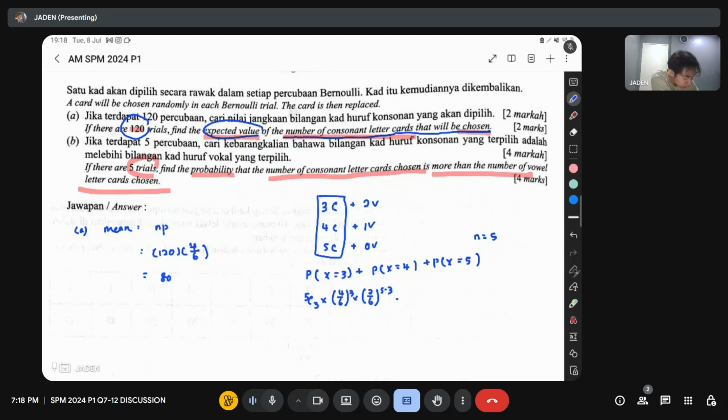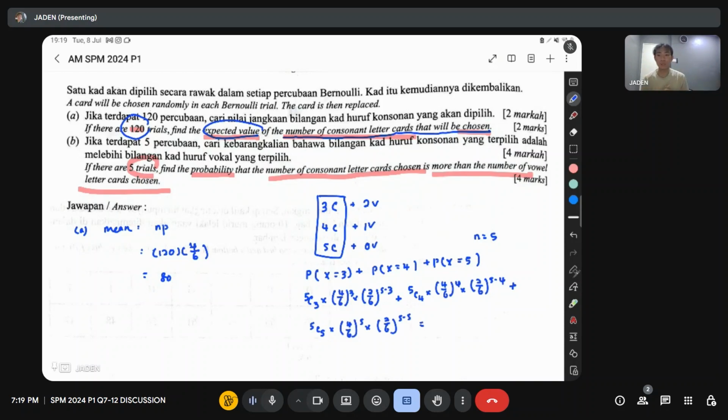Now this is the first part, 5C4 times 4 over 6 power 4 times 2 over 6 power 5 minus 4, and then plus again 5C5 times 4 over 6 power 5 times 2 over 6 power 5 minus 5.